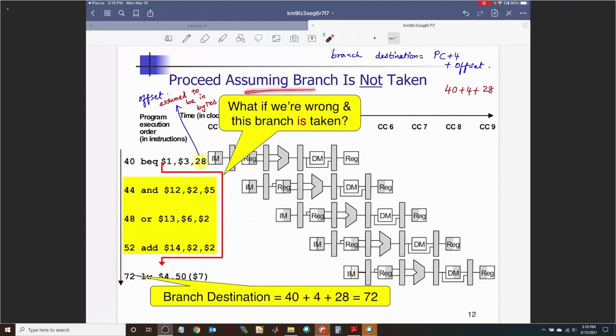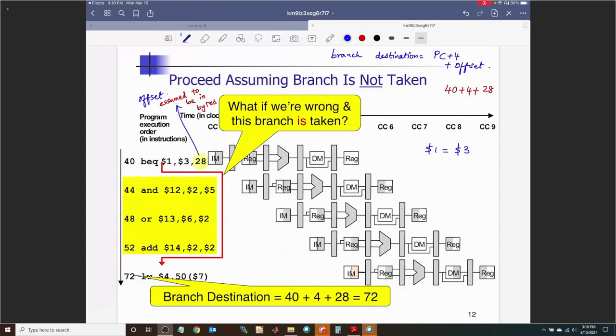Instead, the idea here is to proceed without jumping, right? So just go on to work on 40, 44, 48, 52. So obviously the question is, what if we are wrong and the branch is taken, right? So there are 2 possibilities. One is $1 equals $3.